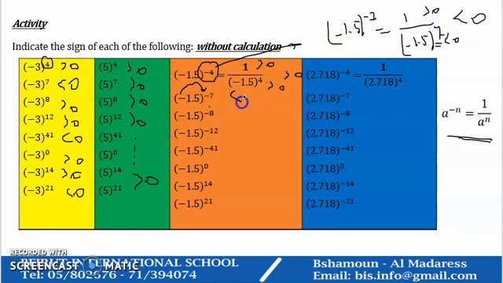So here I didn't multiply negative by negative. Here the exponent is even. It doesn't matter if I have a negative sign, then the answer is positive. Here the answer is negative.